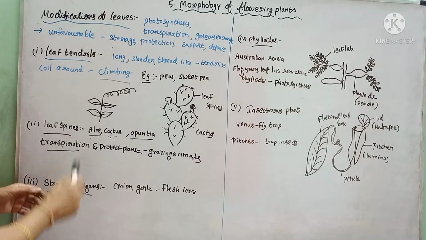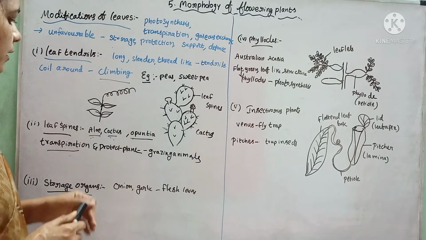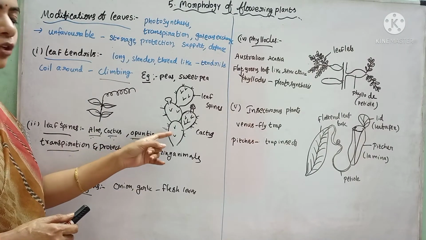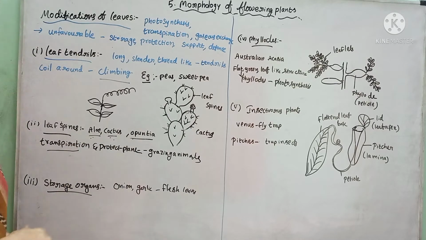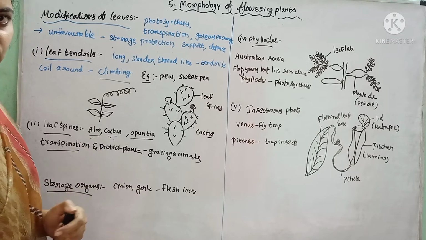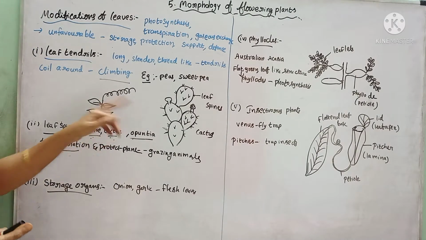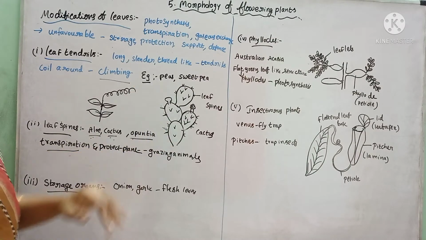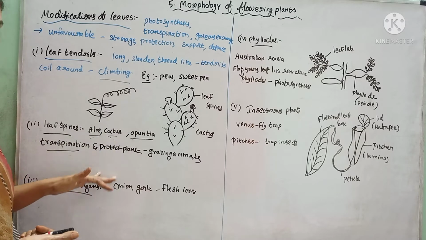So what is the main problem for those plants? Deficiency of water. If, instead of spines, the leaves are present, what will happen? They have only a little amount of water available. That little water would also be evaporated by transpiration, and then the plant will die. To prevent that transpiration process, the leaves are modified into spiny structures which do not have any stomatal arrangement.